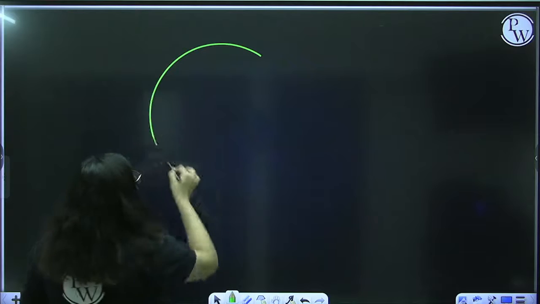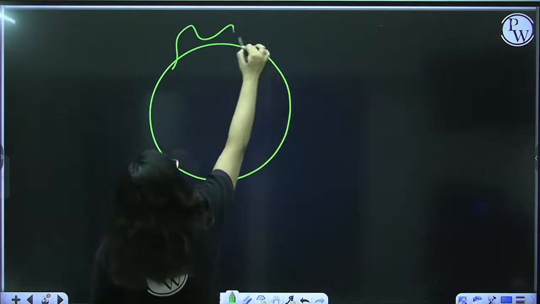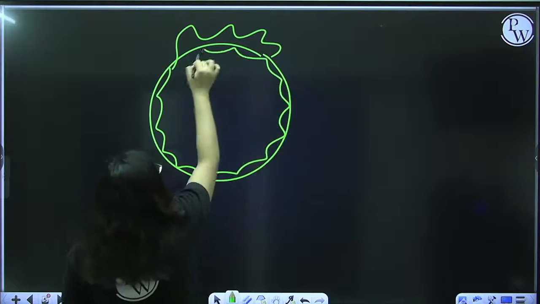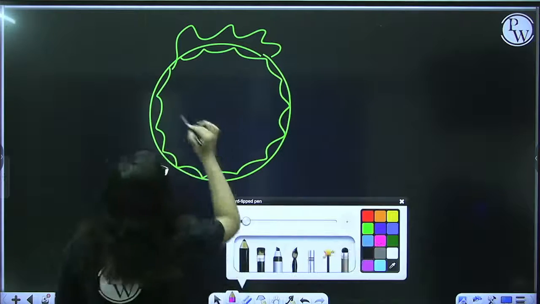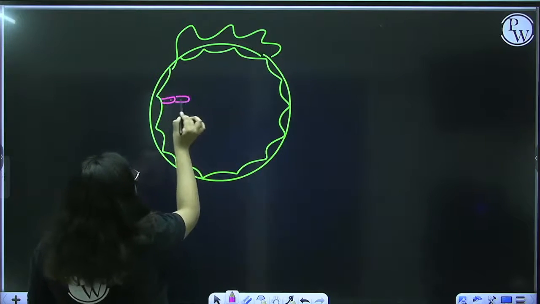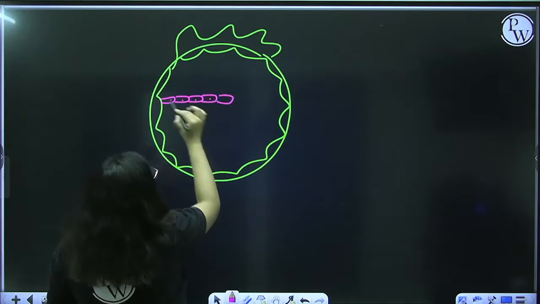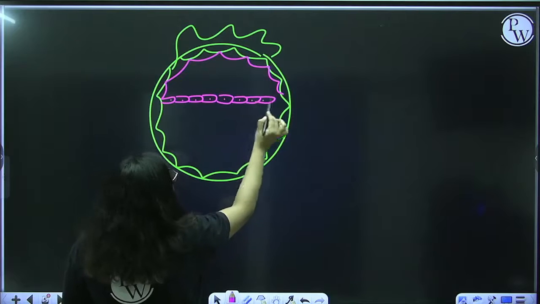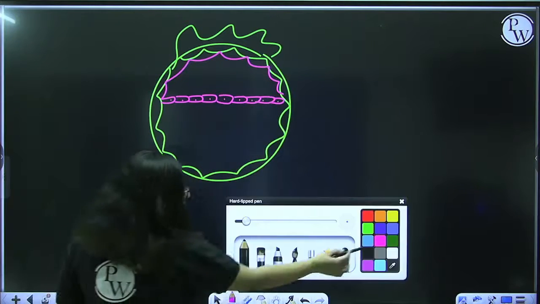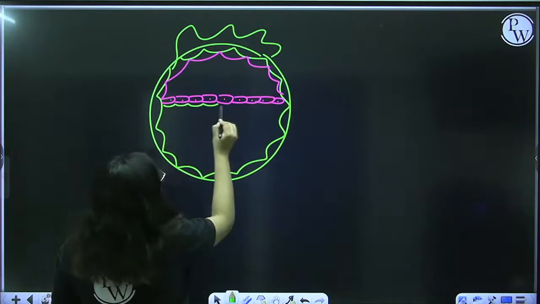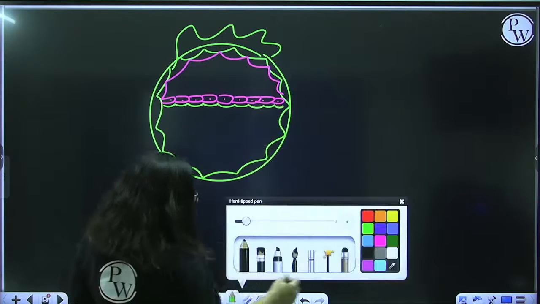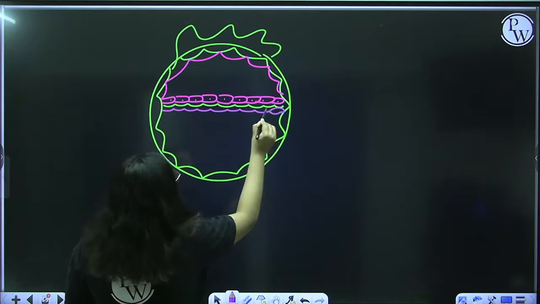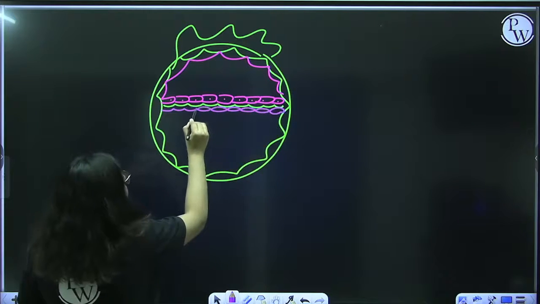For example, this is your chorionic villi, again this is trophoblast, right, and here we have the ectoderm. Imagine this is the ectoderm. This is the amnion, right, and below we have, imagine, the mesoderm, and here we have the endoderm, right.